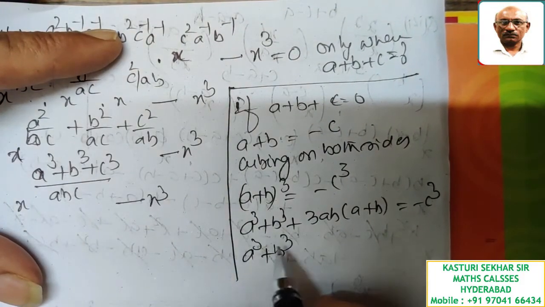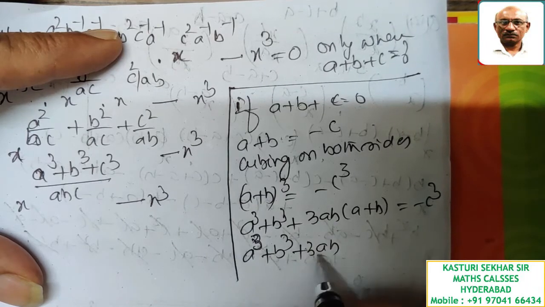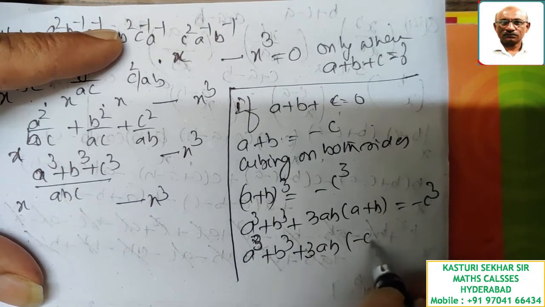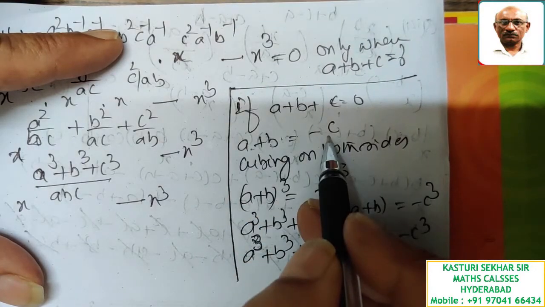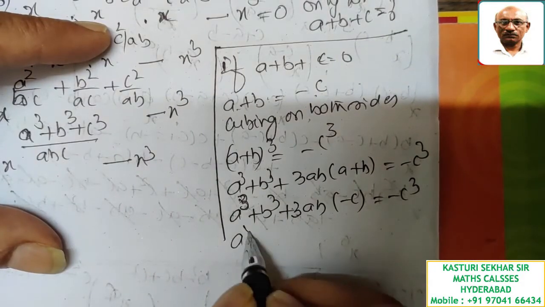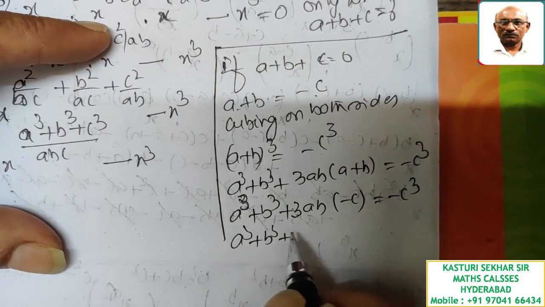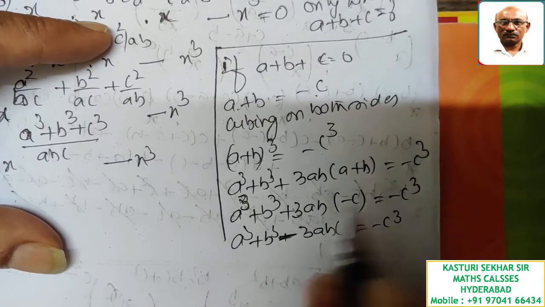a cube plus b cube plus 3ab, and a plus b can be replaced with minus c. So this is a cube plus b cube minus 3abc is equal to minus c cube.